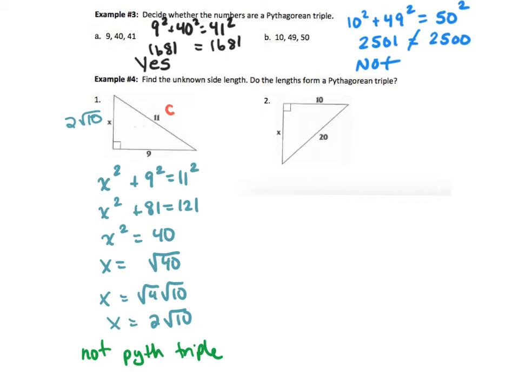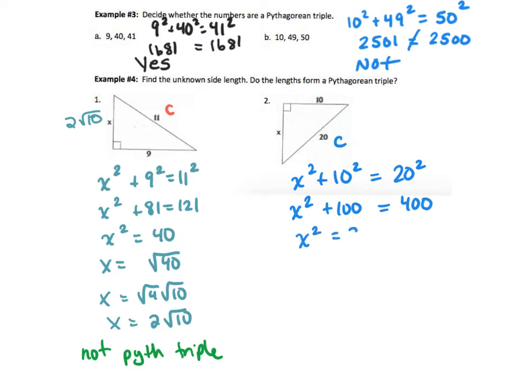So let's look at number 2 of example 4. Again, first we have to figure out which side is our c, and in this case the 20 is the c. So we have x squared as one of the legs plus 10 squared as one of the legs equals 20 squared. So x squared plus 100 equals 400.